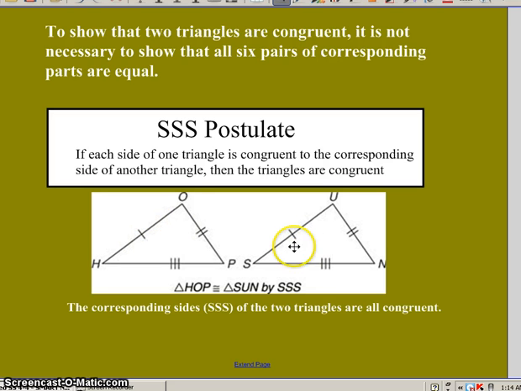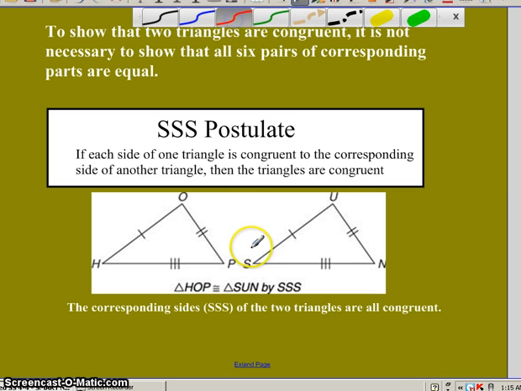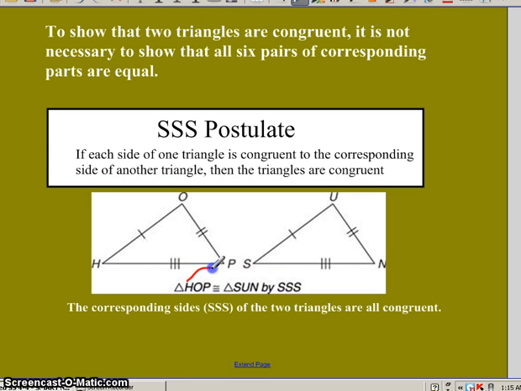Notice in the diagram here that the little tick marks just mean that those 2 sides are congruent. The 2 tick marks would mean that these 2 sides are congruent, and the 3 tick marks mean that these sides are congruent. Now notice in our congruence statement, I don't know if I've pointed this out before, but when we have a triangle congruence statement, then notice that the vertices H and S here would match up.